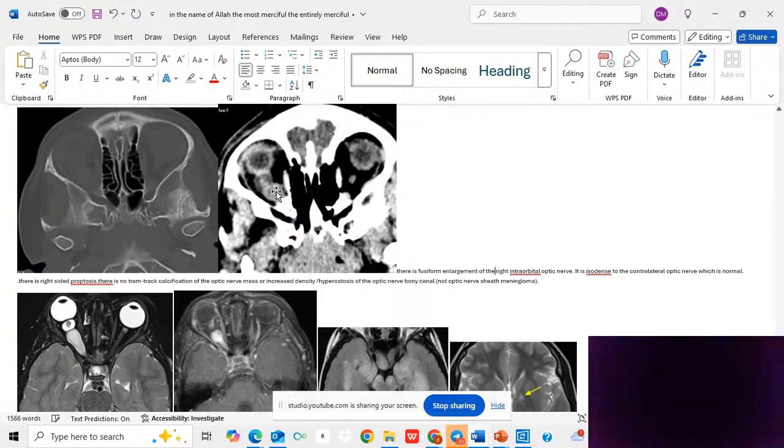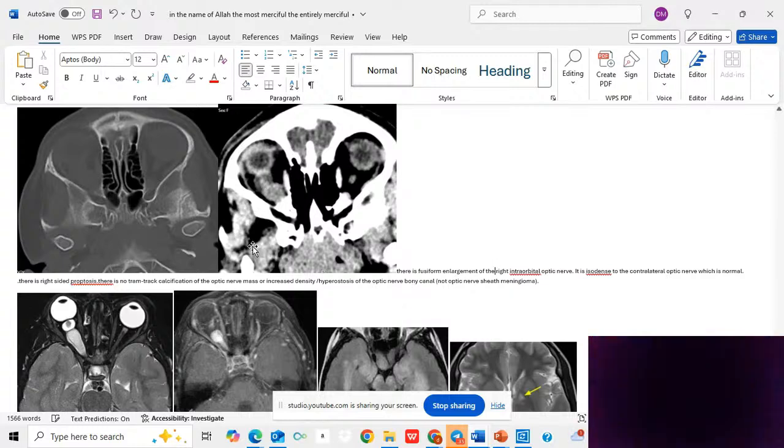It is isodense to the contralateral optic nerve, which is normal here. Okay. There is also a right-sided protrusion.